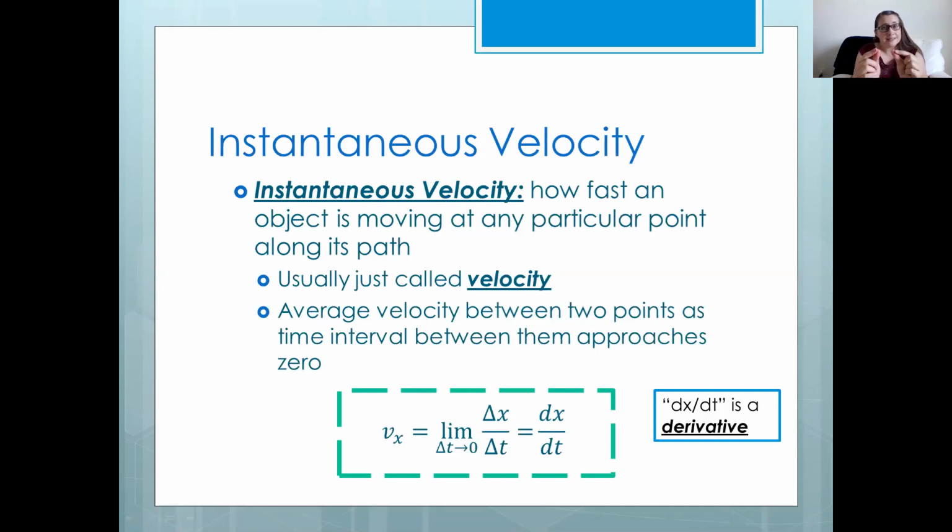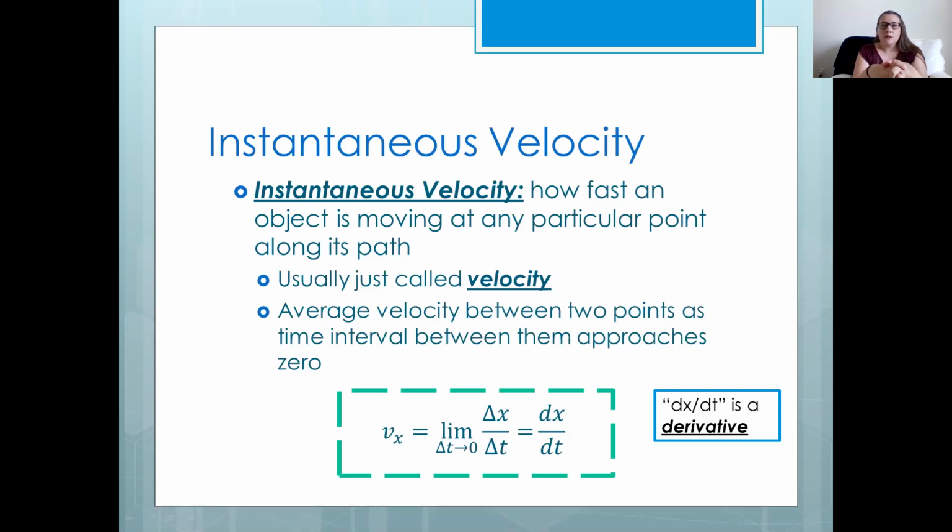That one instant in time would give us our instantaneous velocity. And usually we just call that velocity. I don't know if that's because instantaneous velocity is a mouthful, or if that's just really the velocity that we're always interested in. But we'll just call that velocity. We'll call the other average velocity, and this is velocity.